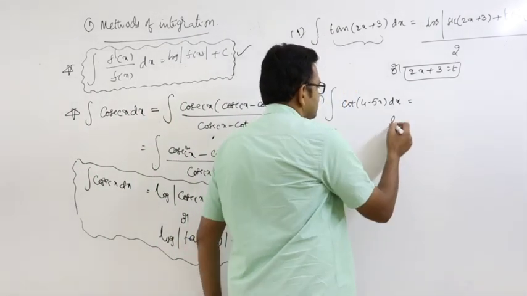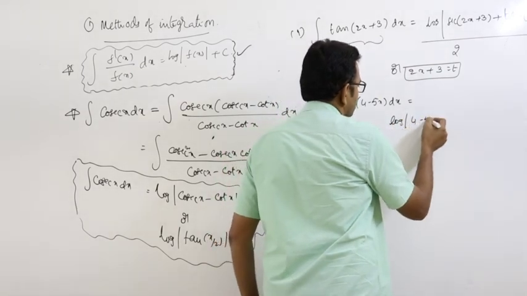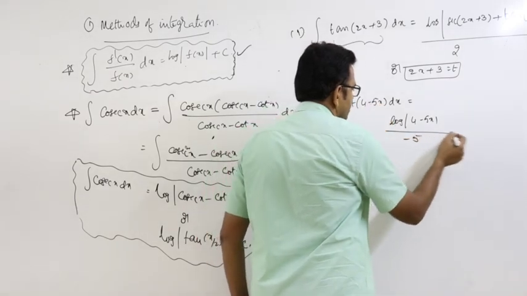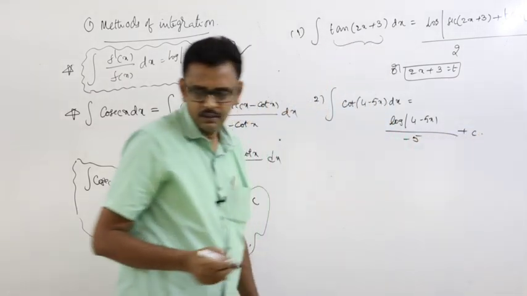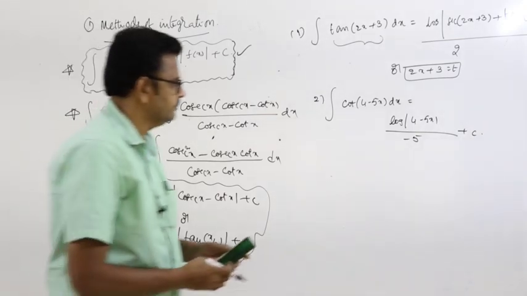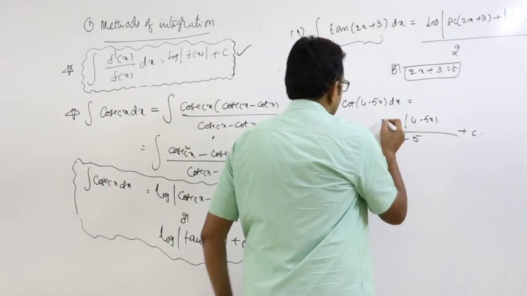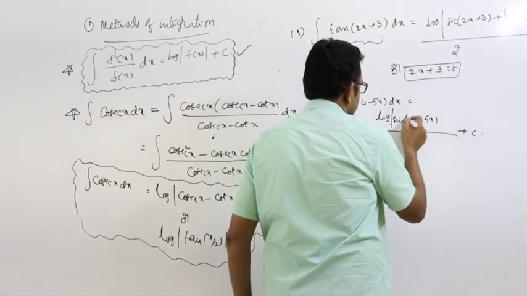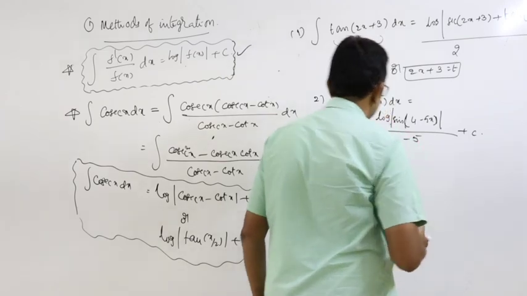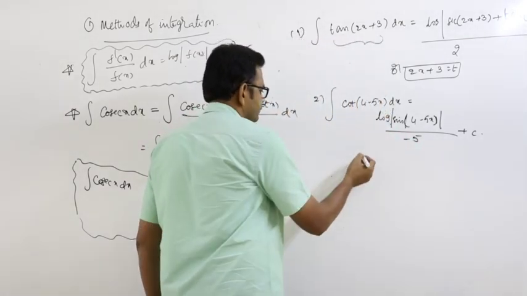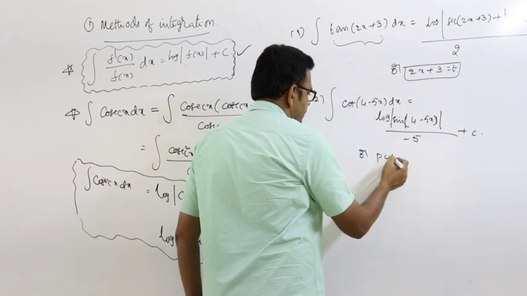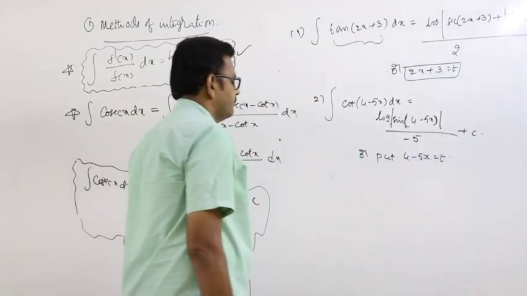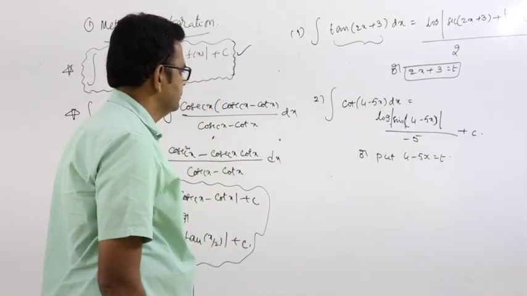So this is log of mod sin of 4 minus 5x by its derivative, which is minus 5, plus c. Or put 4 minus 5x equal to t.